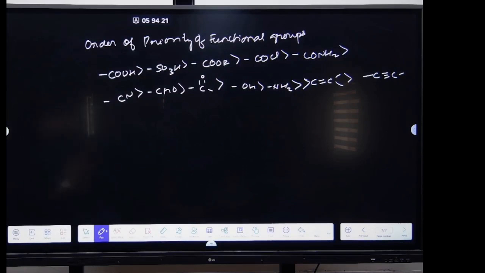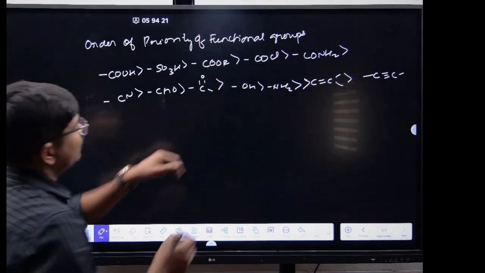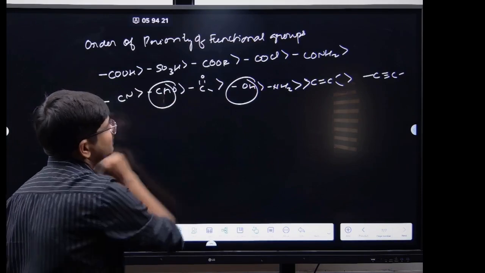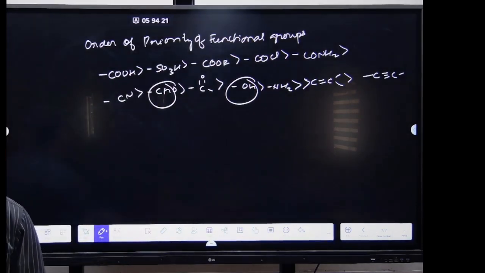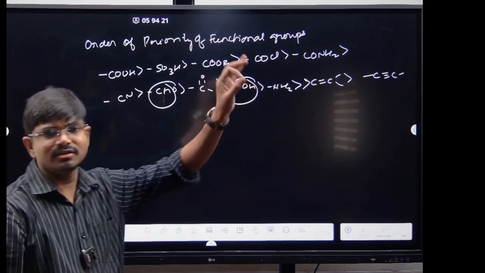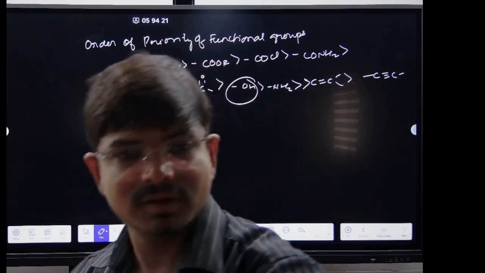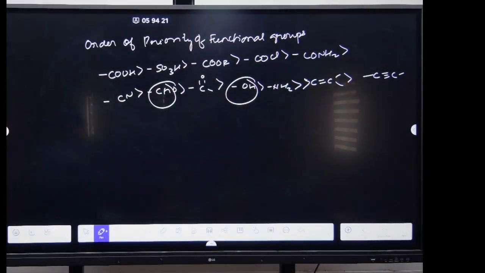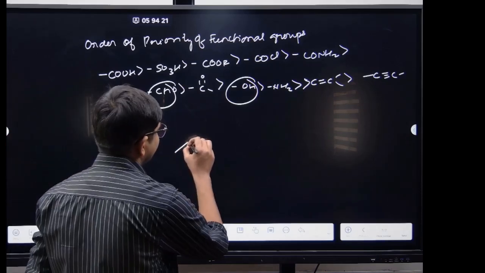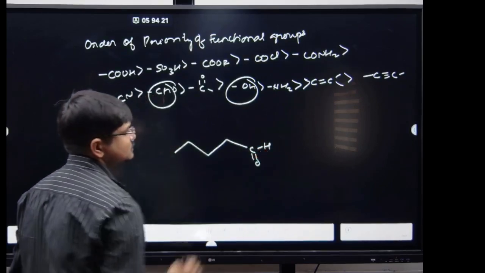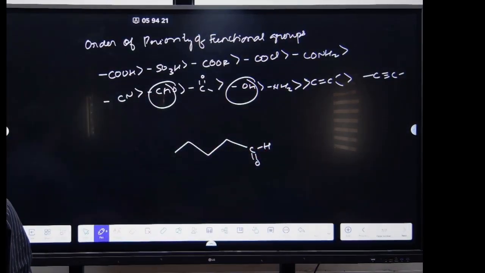Look at this here. You see alcohol here, right? Clear? And aldehyde is here. Got it? So what is the suffix for the alcohol? This is ol. What is the suffix for the aldehyde? It is al. So now look here, suppose I am giving you a compound like this one, C double bond O, H. This is the aldehydic functional group, isn't it?